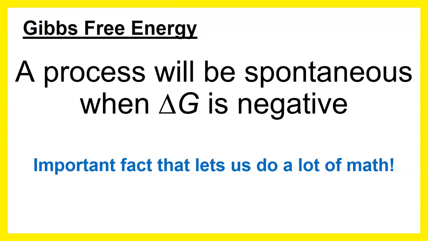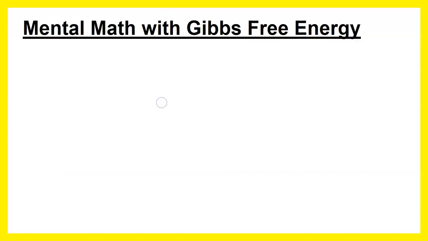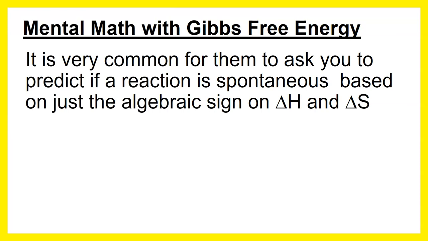Knowing that it needs to be negative is what's going to allow us to do a lot of thinking about our numbers and prediction about our spontaneity. If you can decide whether it's negative or positive, you can decide whether something's spontaneous or not. A lot of this is mental math. A lot of this is not necessarily crunching the actual numbers.